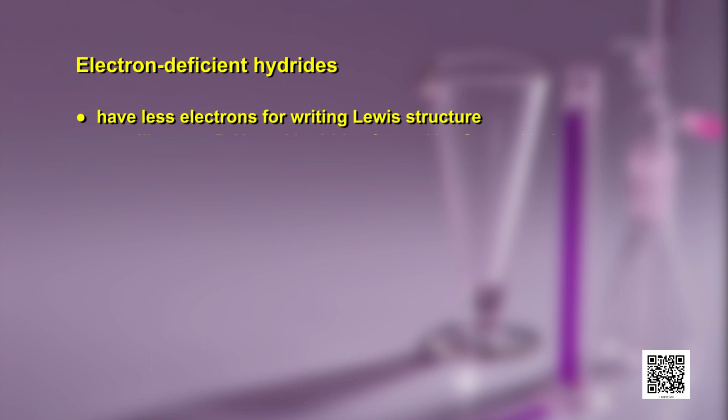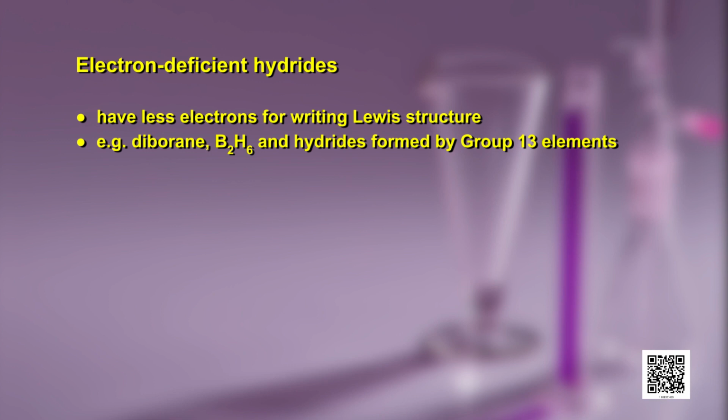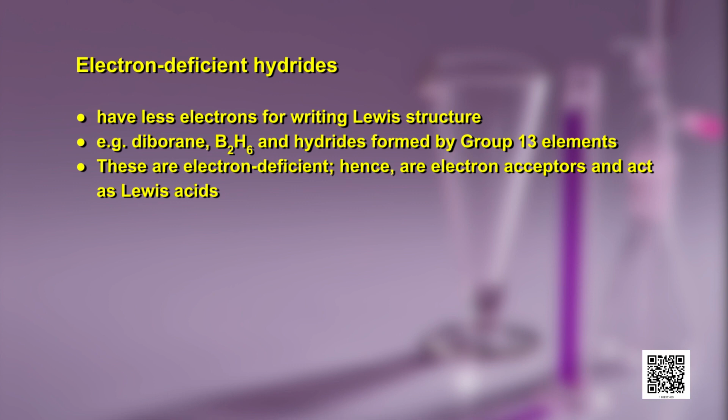So, coming to the electron deficient hydrides, as the name suggests, they have fewer electrons for writing the Lewis structure, and examples are diborane, that is the common example, and hydrides formed by the group 13 elements of the periodic table. These are electron deficient, hence are electron acceptors and act as Lewis acids.